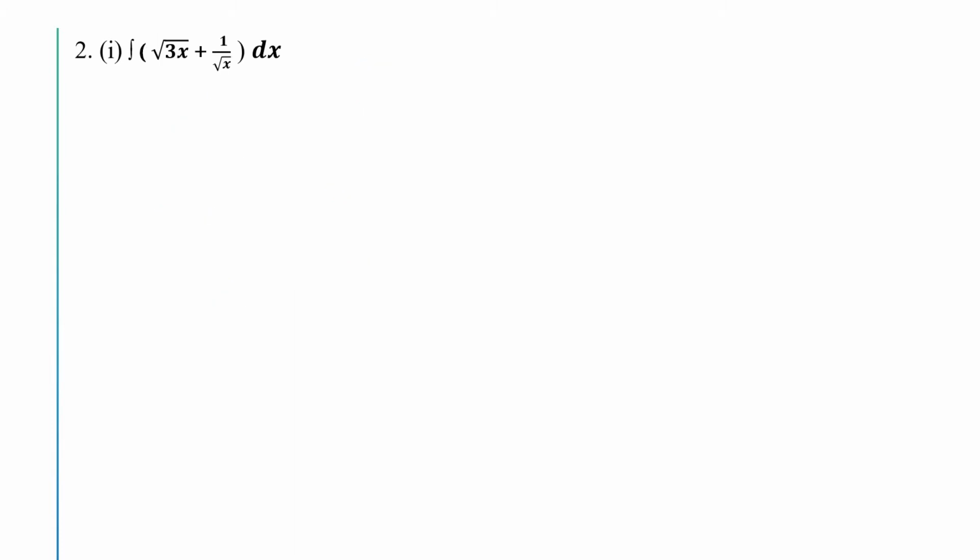The next question is integral under root 3x plus 1 by root x into dx. So this is equal to integral root 3 into root x. Root x we get as x raised to half dx plus integral 1 by root x is x raised to minus half dx.